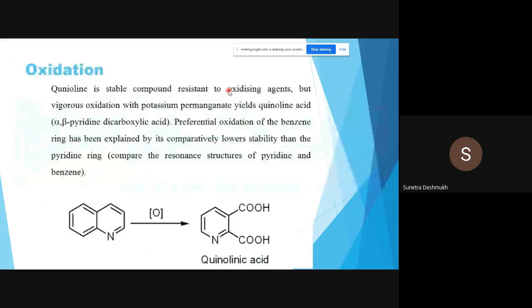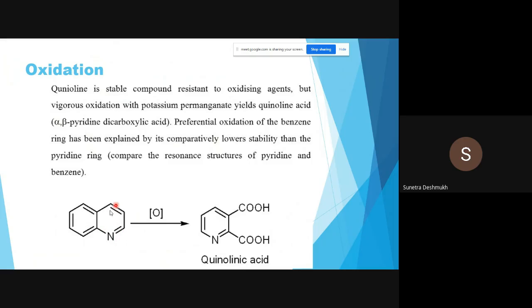Next one, oxidation reaction of quinoline. Quinoline is a stable compound, resistant to oxidizing agents, but vigorous oxidation with potassium permanganate yields quinolinic acid, alpha-beta pyridine dicarboxylic acid.